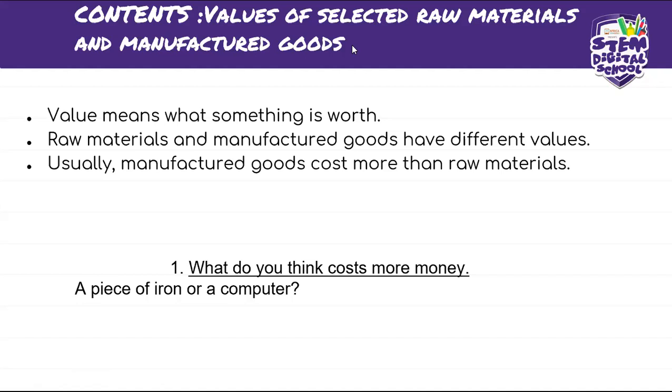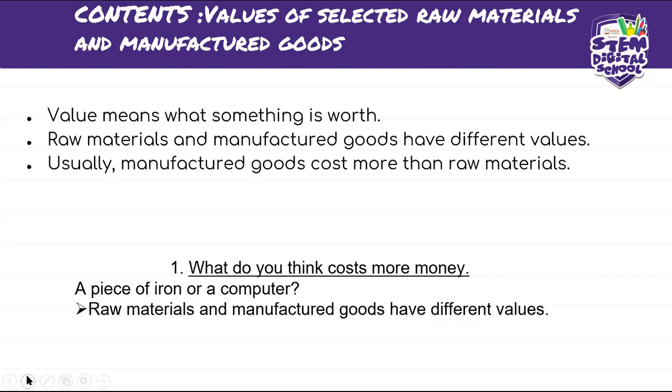Which one is expensive? Okay, Awetu says the one that is expensive is a computer. And then Edwin also says it is a computer. Of course, it is a computer because it is a manufactured good, made from iron.